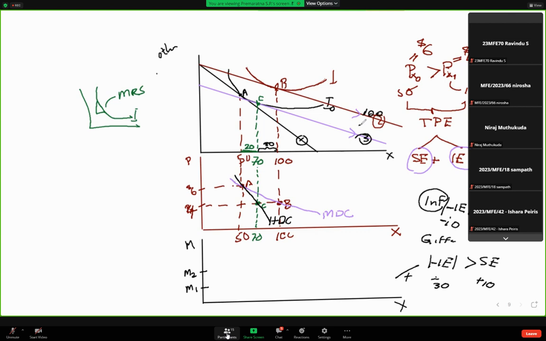Here let's say 80. Now look, at income level 80, the consumption is 70.